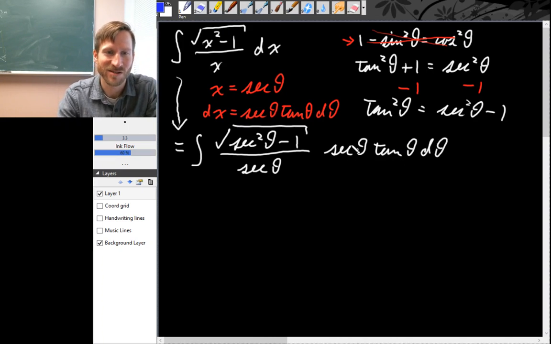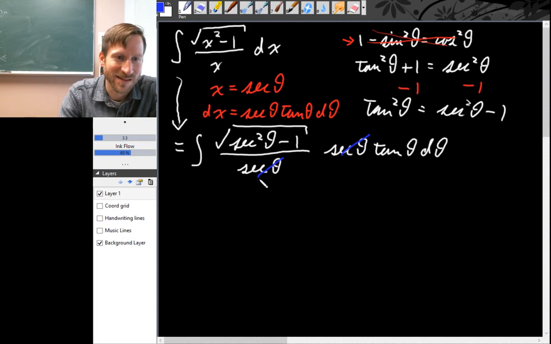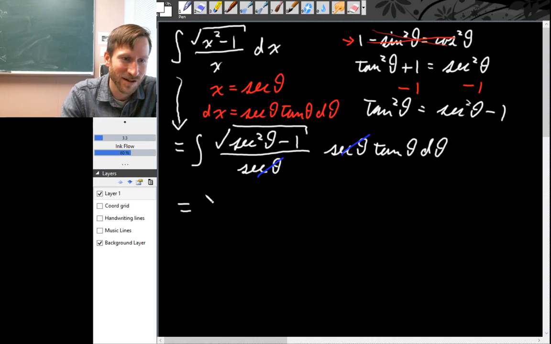All right, now we can start simplifying this. Right off the bat, the secants cancel. That's good. Nobody likes secant, so we're happy to see it gone. And then inside this square root, secant squared minus 1 is tangent squared according to the identity, and the square root of tangent squared is tangent.